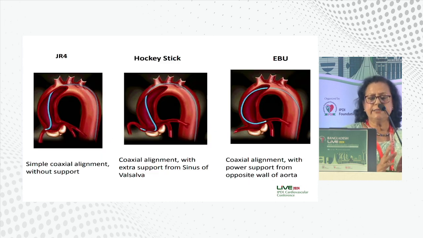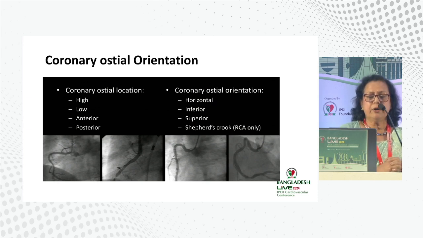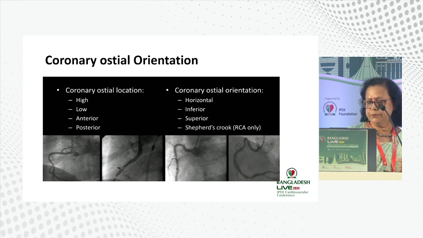This slide shows, first, JR, simple coaxial alignment without support; hockey stick, coaxial alignment with extra support from the sinus of Valsalva; and EBU catheter, coaxial alignment with power support from the opposite wall of the aorta. And coronary ostial orientation is another subject to consider during selection of the guide catheter. It could be high, low, anterior, posterior, or the orientation may be horizontal, inferior, superior, or Schaefer group.